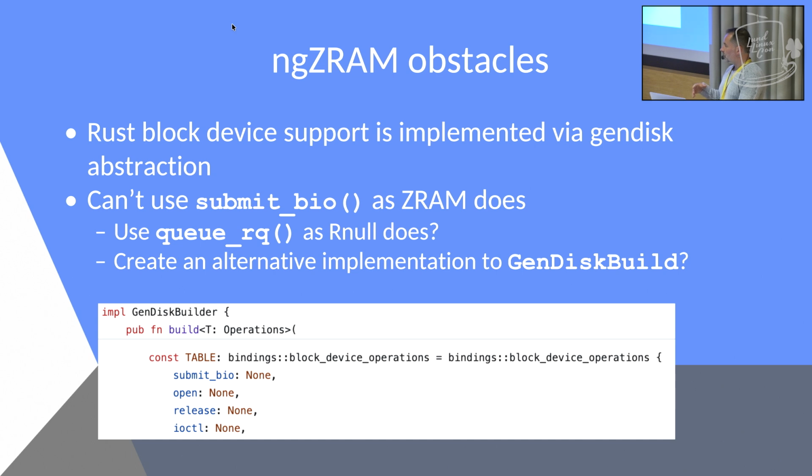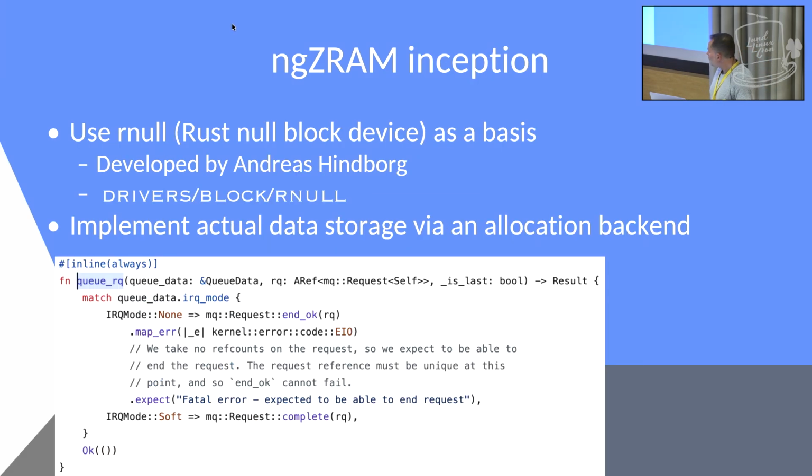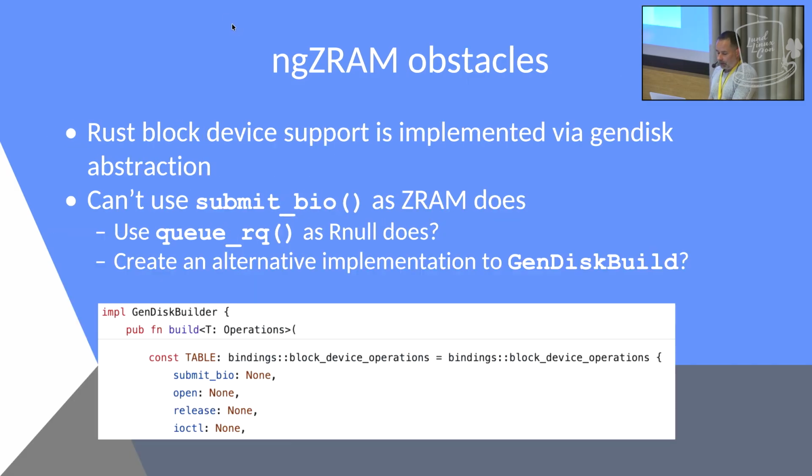But also here we have some obstacles with regard to performance, because if we do it the very, very good Rust way, using q_rq, so queue request, we seem to have some performance hits compared to the ZRAM implementation.